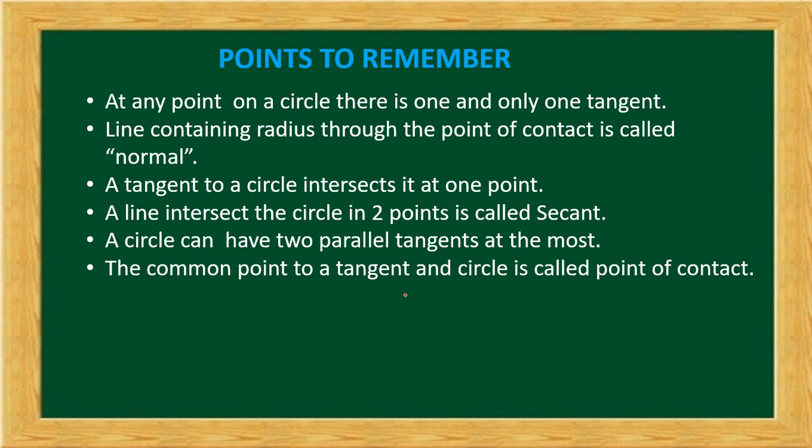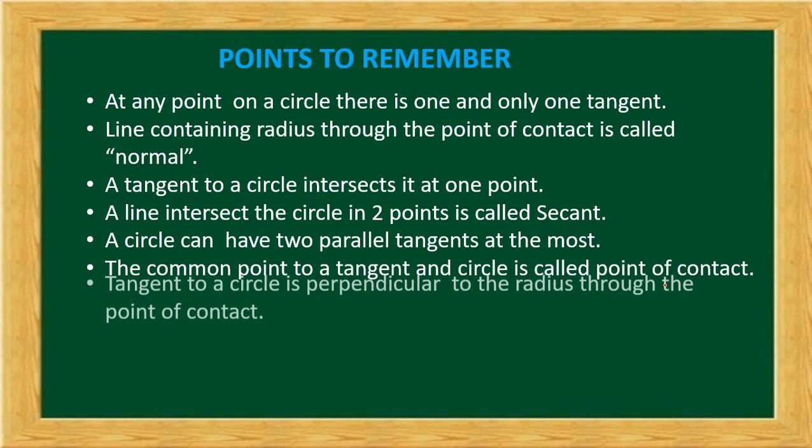Next, the common point to a tangent and circle is known as the point of contact. That means the point where the tangent line touches the circle is known as the point of contact. This is in the case of tangent only, not in the case of secant.